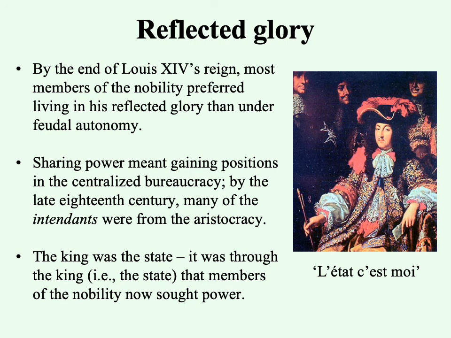And a big part of this story is it's not just about the monarch himself. In the case of England, the monarch had to share power with the Parliament, but we see the growing centralization of power within the government. And a lot of this is the story of the development of a centralized bureaucracy. In the case of France, we talked about how many of its members came from the bourgeoisie, though now that the nobles had given up their power, increasingly we'll see many of the Intendants coming from the aristocracy.